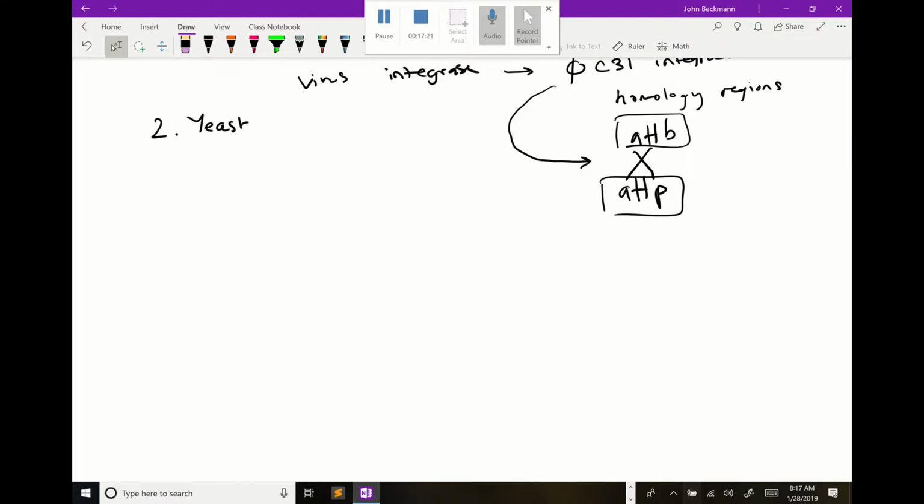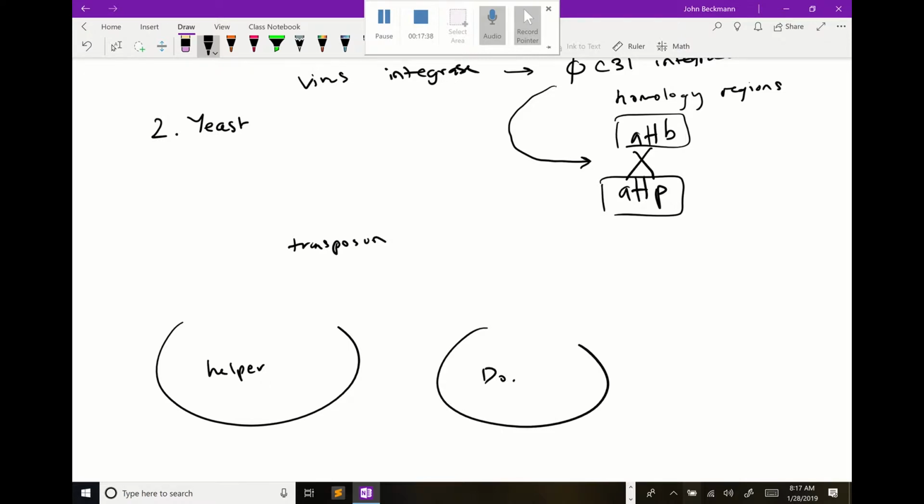So what Cohen-Venken did is he made a system first starting with a transposon. Okay? And he made a helper and a donor. The helper, just like I said, has a promoter that makes the transposase. And here are the recognition sites in the donor.